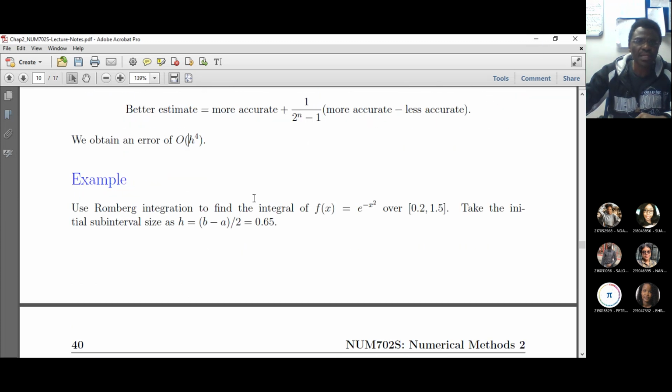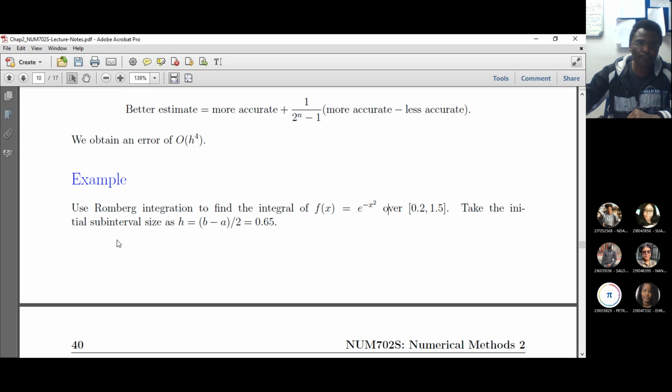Good. Now, let us look at this particular example. We want to integrate the function exponential of negative x squared over the interval 0 to 1.5. We are going to use the Romberg integration to find this definite integral.